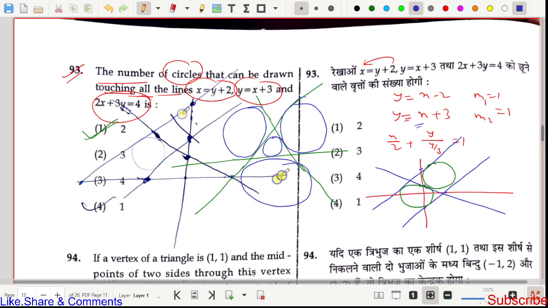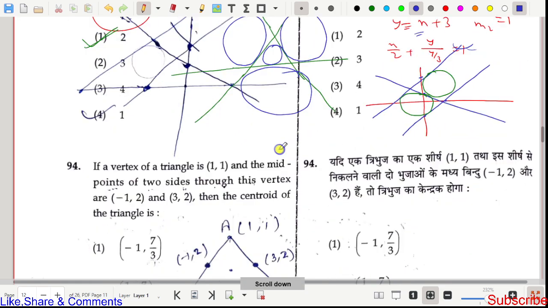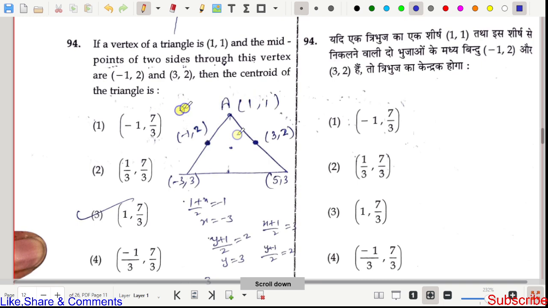Like this way we get a total of 4 circles. Clear? Keep it, remember also. If 3 lines form a triangle, we can draw 4 circles which touch all 3 lines. And in our case, if 2 lines are parallel, we get 2 circles which touch all these 3 lines. So see the next question, question number 94.